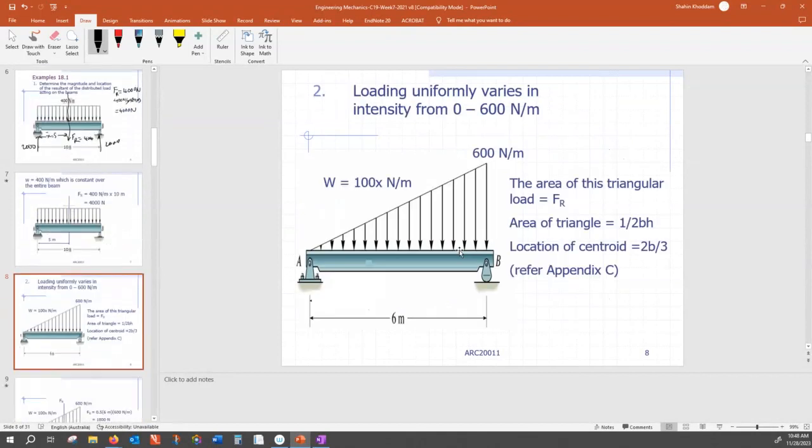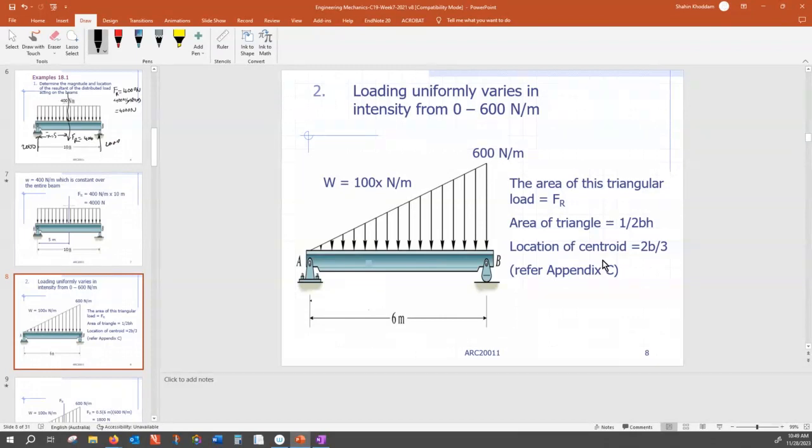Let's get something more complex. In this case, the distributed load is a triangle, and we want to find, first, the resultant load. Second, the line of action. Third, the reaction of the support.